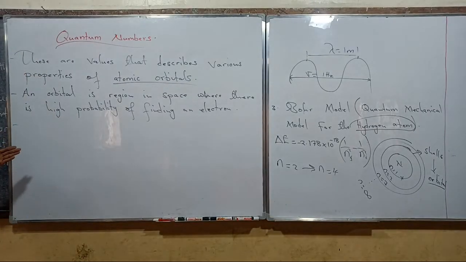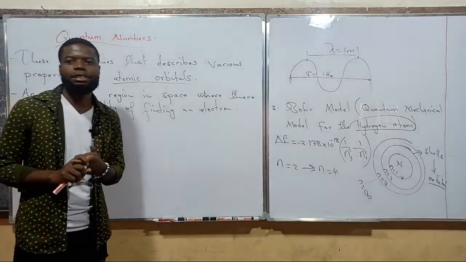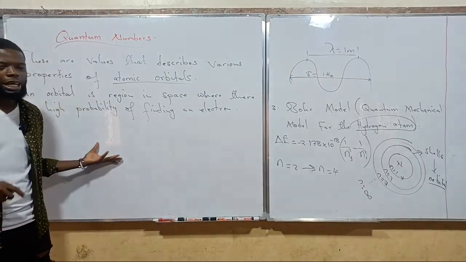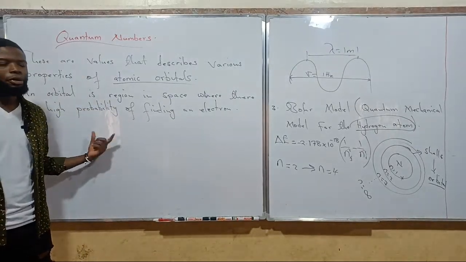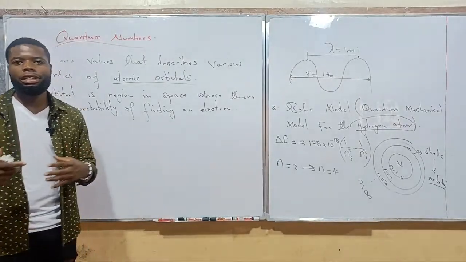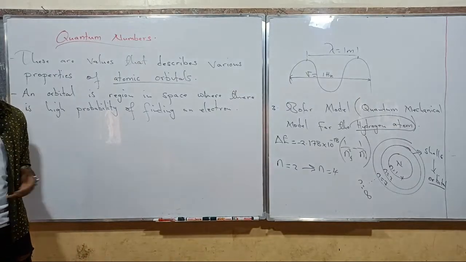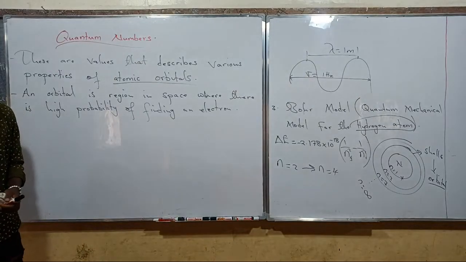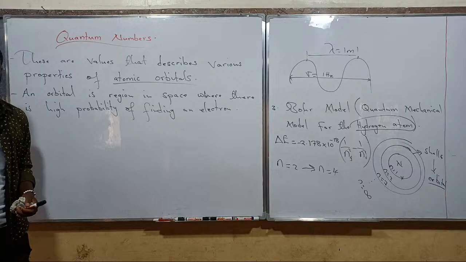Now, in some books, the last quantum number specifies the maximum number of electrons an orbital can accommodate. Or in other books, the last quantum number only describes the spin of an electron. An electron can spin in 2 possible directions.